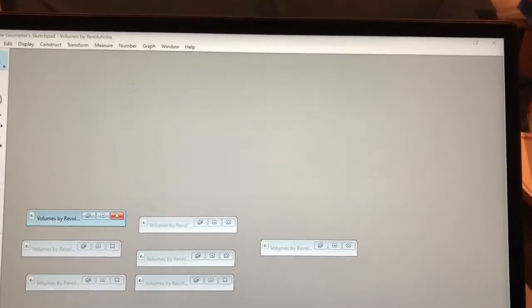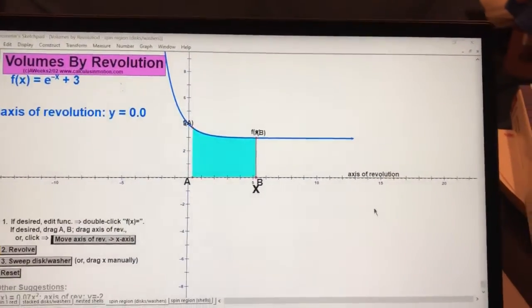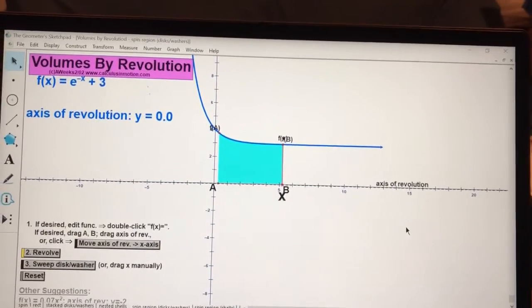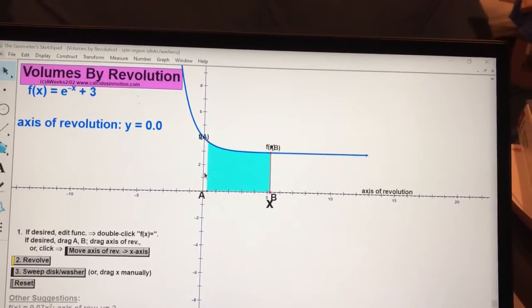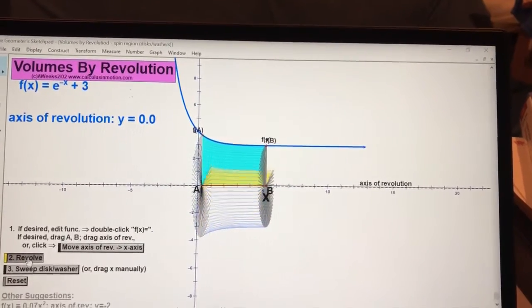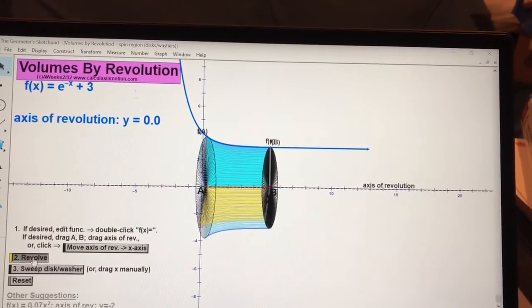We're going to go ahead and look at another one here. Here we have e to the negative x plus 3. Again, I'm going to revolve this region about the x-axis. We're going to end up with a three-dimensional figure.